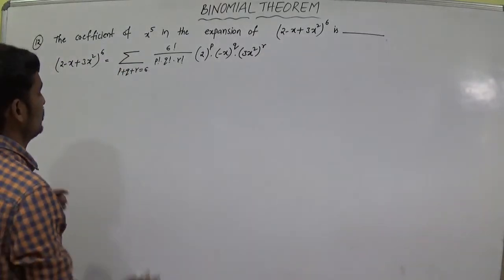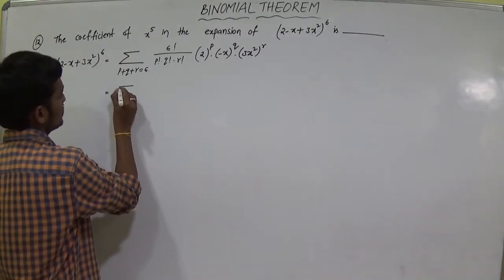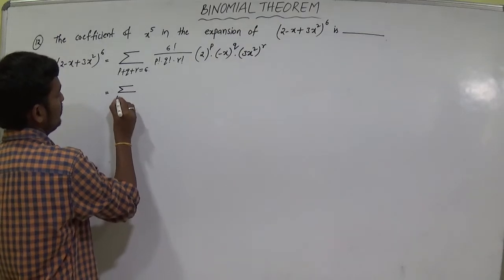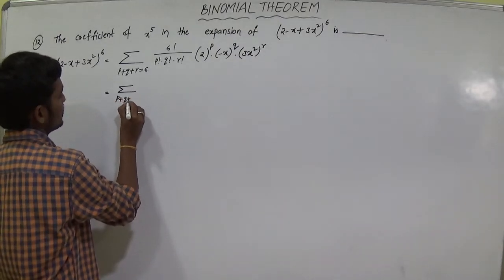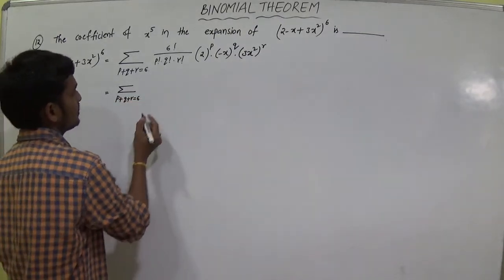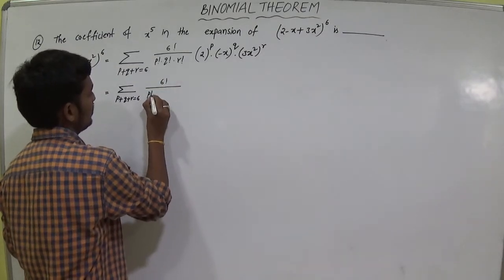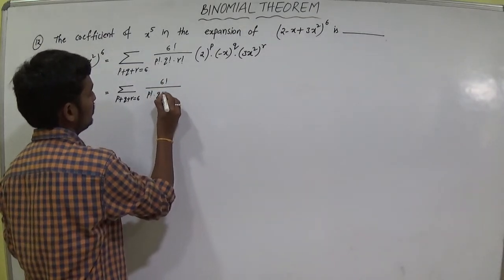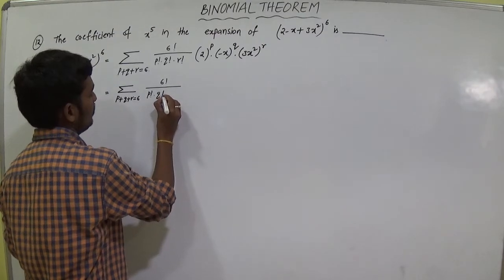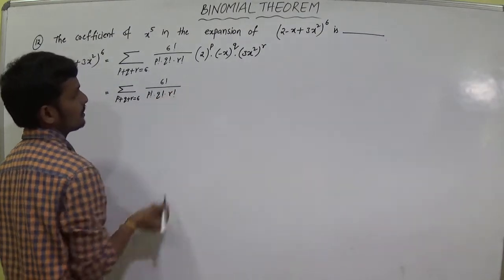How do you understand? Now we are solving. That is equal to sigma, p plus q plus r is equal to 6, 6 factorial by p factorial into q factorial into r factorial.